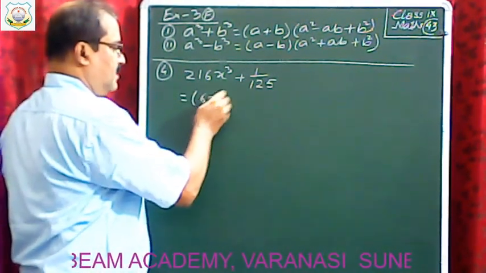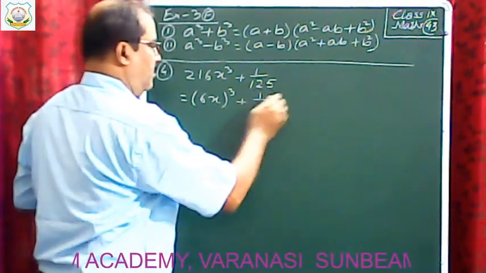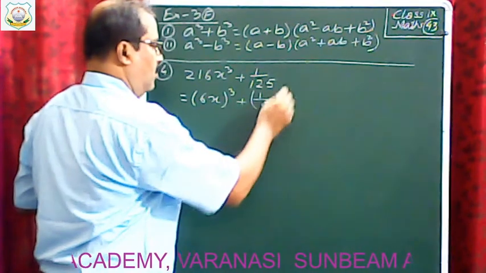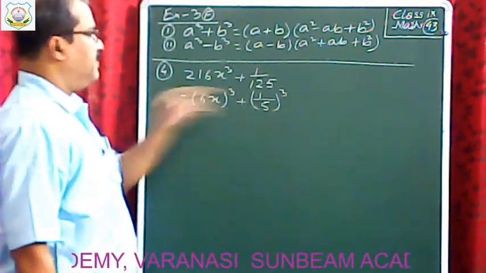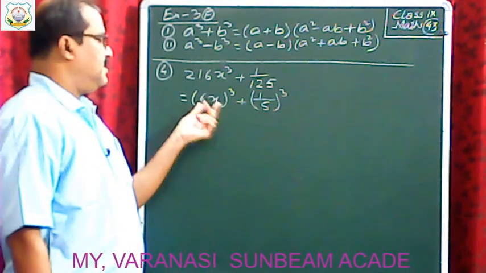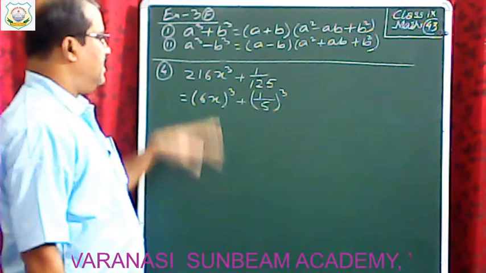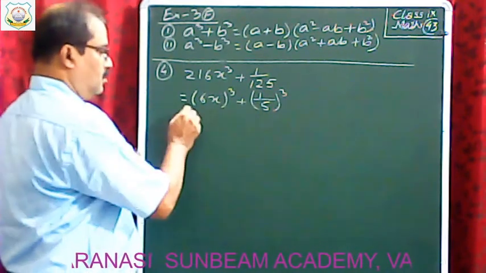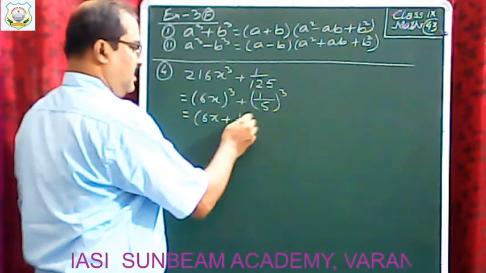So (6x) whole cube plus (1 upon 5) whole cube. To get the form of a cube plus b cube, a is 6x and b is 1 upon 5. Now according to the identity, a cube plus b cube equals (a plus b), that is 6x plus 1 upon 5.